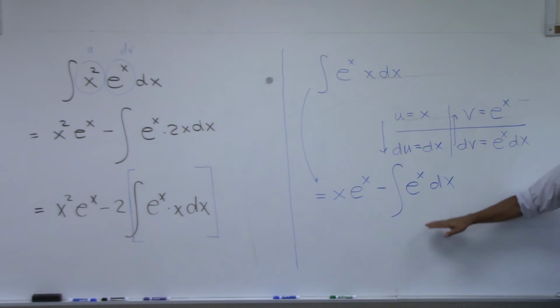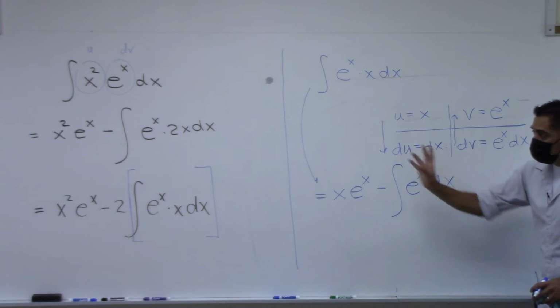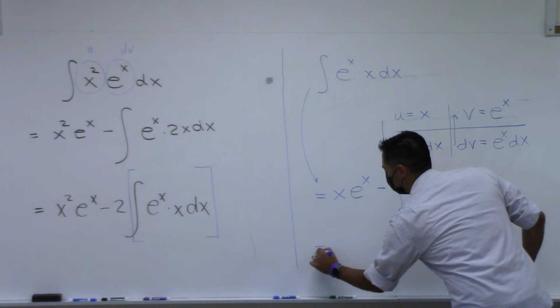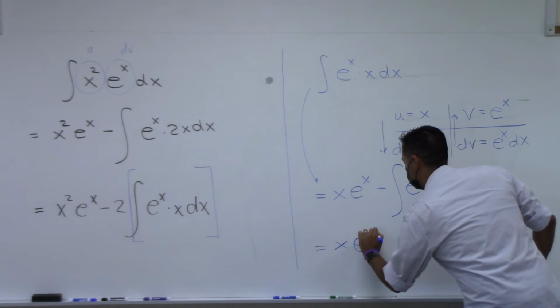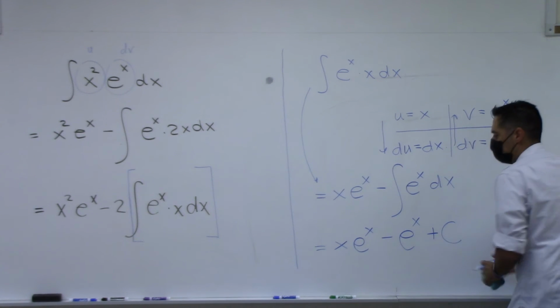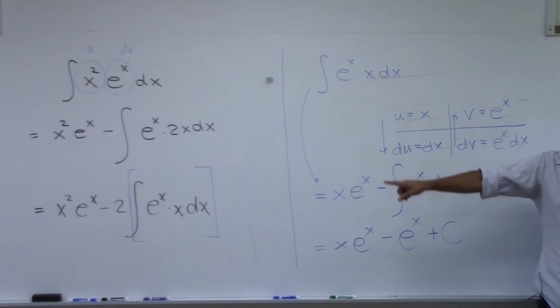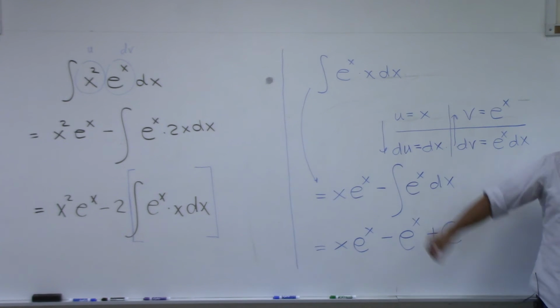And now we're very happy to see this, because this is just e to the x, and the antiderivative of e to the x is itself again. So I'm not even going to go over there yet. I'll just take care of this. I'll go ahead and put plus c now because I've actually done this. So this is going to replace what's in the blue brackets over there.